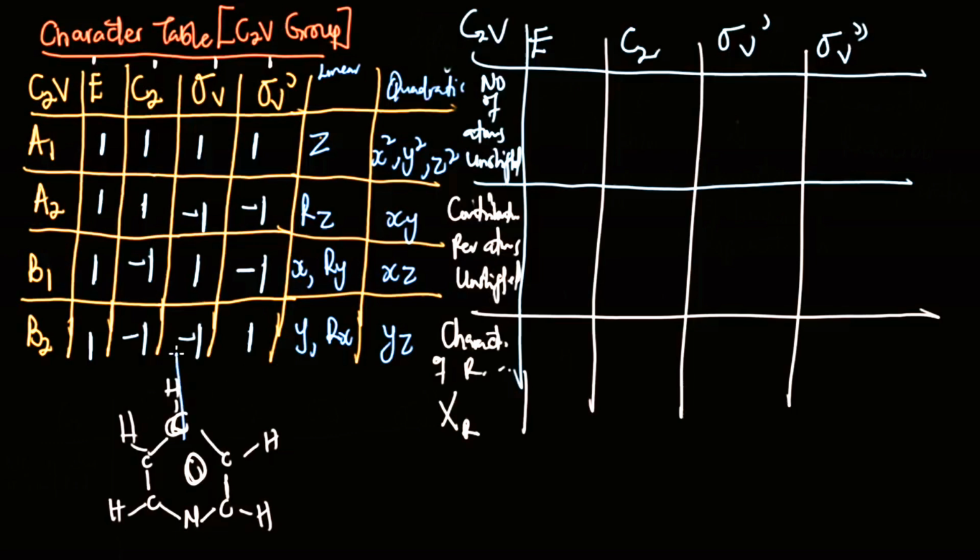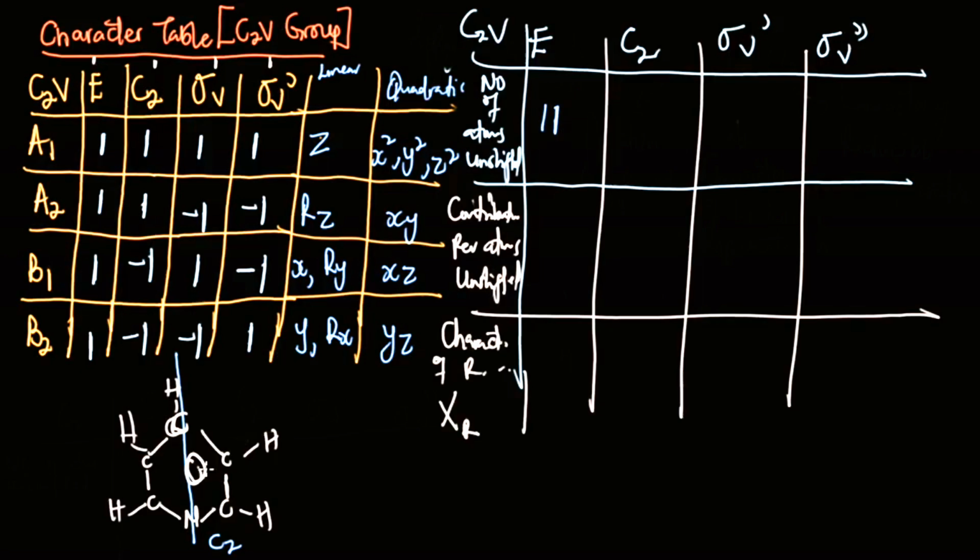C2 cuts through here, so that's our C2. When you perform identity, you are not touching any of the atoms, so the number of atoms unshifted is all the atoms. Let's count all the atoms: 1, 2, 3, 4, 1, 2, 3, 4, 5, 6, 7, 8, 9, 10, 11.